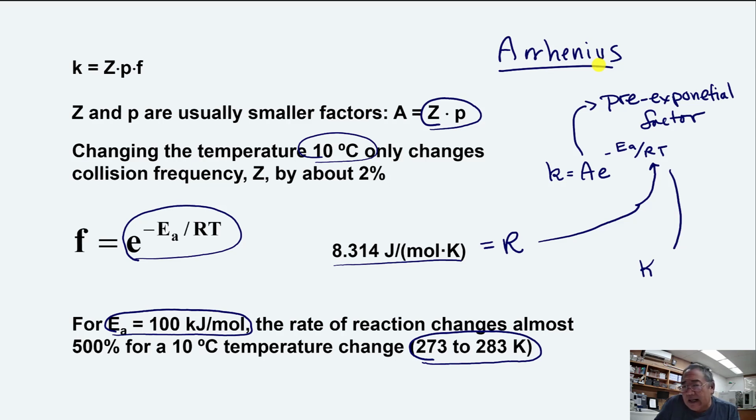He's a Swedish scientist. I always like him because of his name, Savante Arrhenius, I believe it was. Savant, smart Arrhenius. Anyways, this becomes what's known as the Arrhenius equation.